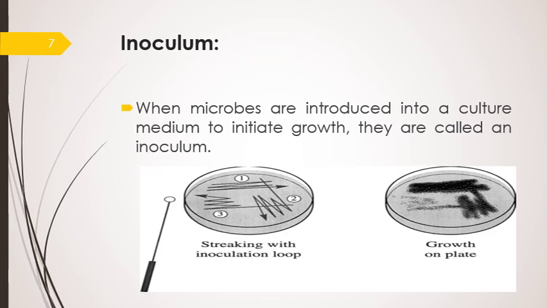So if we use the mycelium, then mycelium is an inoculum. If we use the bacterial colony, then the bacterial colony is referred to as an inoculum. And if we use spores, then spores act like an inoculum.